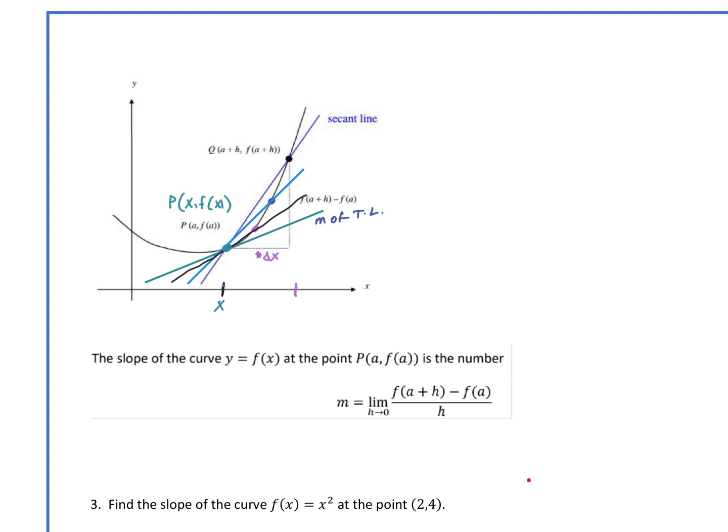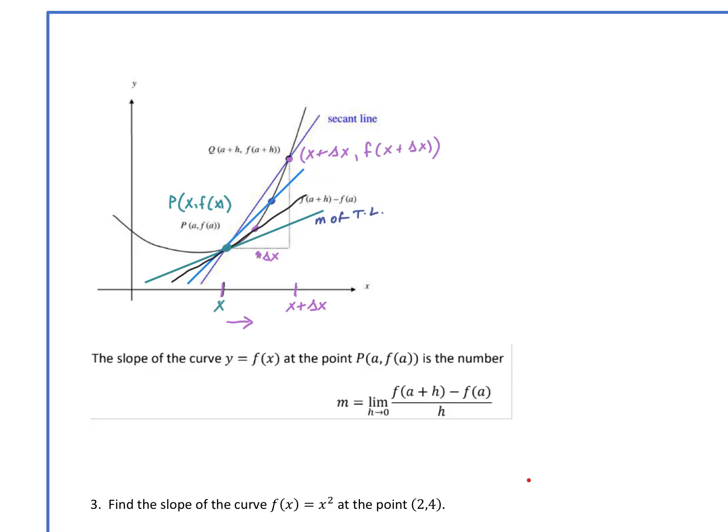So I'm starting at this point and I'm going out some amount. That's my change in x. So this is going to be x plus delta x. Therefore, this point would be x plus delta x, comma, f of x plus delta x.